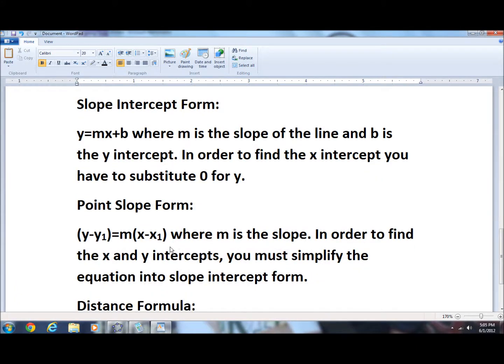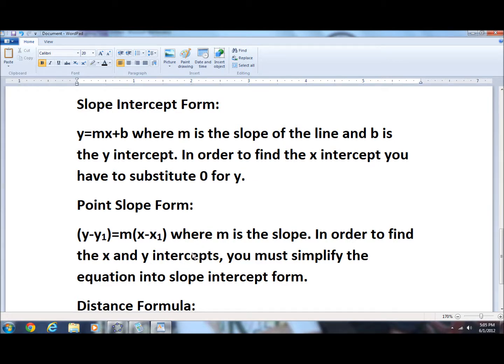So the next form of equation is called point-slope form, in which y minus y sub 1 equals m times x minus x sub 1, where m is the slope. In order to find the x and y intercepts, you must simplify the equation into slope-intercept form.